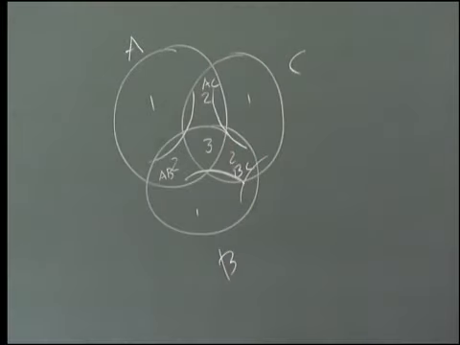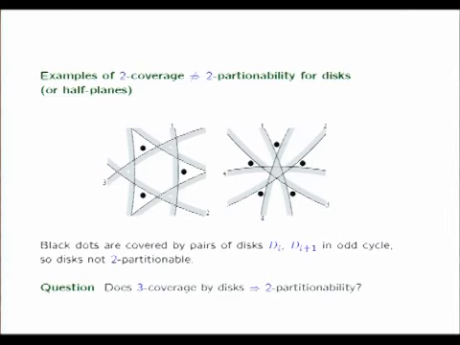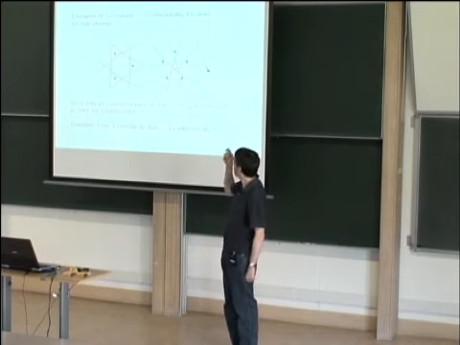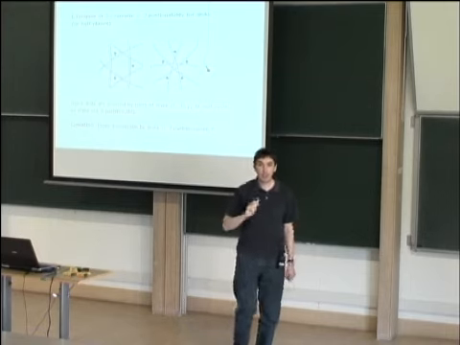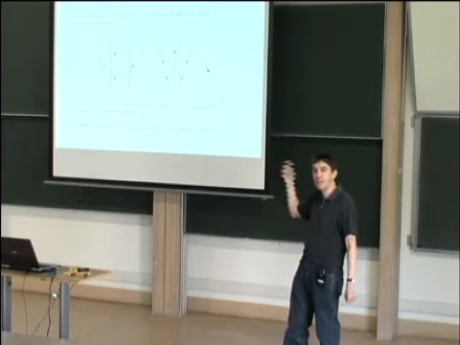So that's actually the first picture, except it's not quite so obvious. But there are 3 regions marked by the black dots, such that each one is covered by 2 of the circles 1, 2, and 3. And the whole thing can be extended so the whole plane is 2 covered, but if you partition them anyway, 2 of the 1, 2, and 3 have to be in one group, 1 has to be in the other, and then there's an uncovered region.